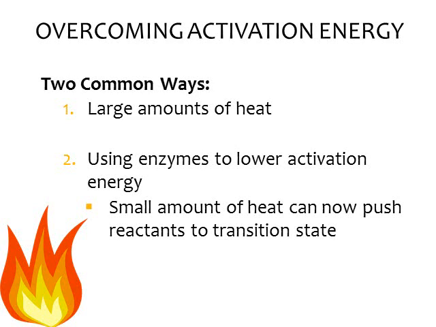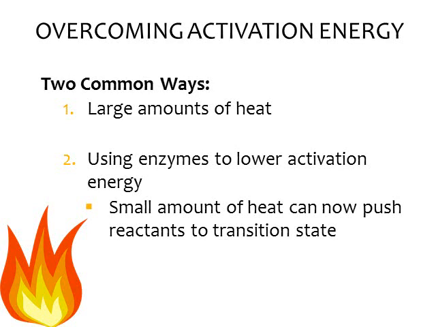So what cells or living things do is use enzymes to lower our activation energy. You remember, enzymes are those proteins that help to speed up all of these chemical reactions. If we lower our activation energy, now instead of needing a large amount of energy, we just need a really small amount of energy.